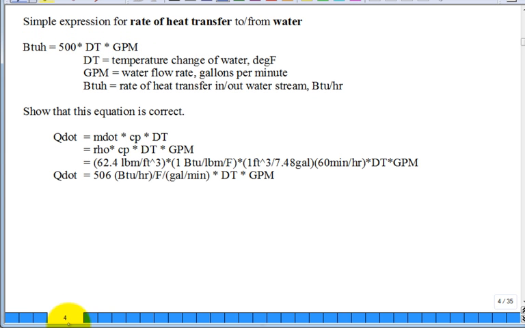shown. We start with Q dot is equal to M dot C sub P delta T. What is that? I have one control volume. I have an inlet flow, inlet 1, outlet 2. The fluid is undergoing a change in temperature or a change in enthalpy. We go back to the first law of thermodynamics.